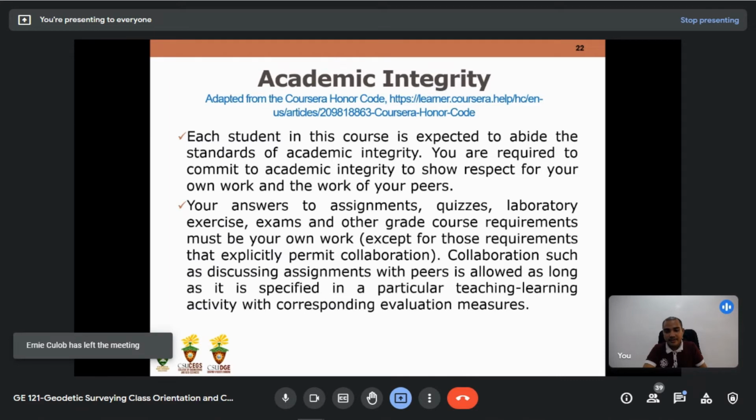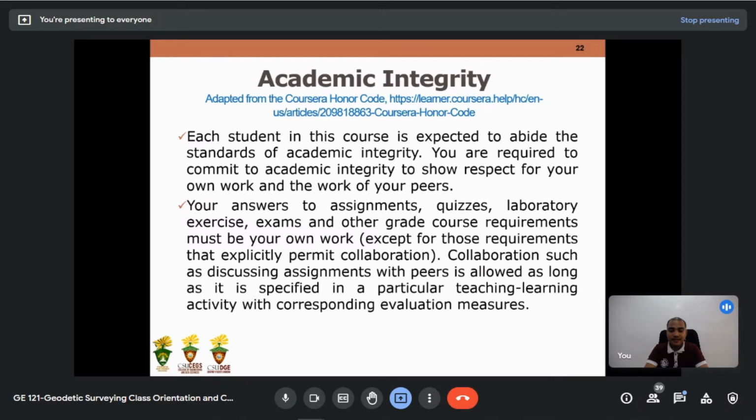Then your assignments, your answer to assignments, quizzes, laboratory exercise, or exams, and other graded course requirement must be your own work, except for those requirements that are explicitly permitted for collaboration.